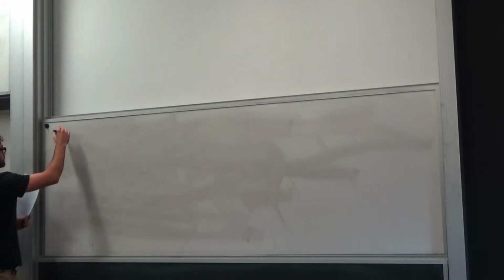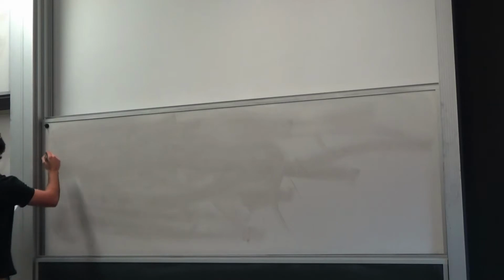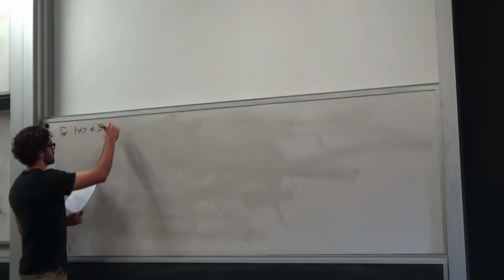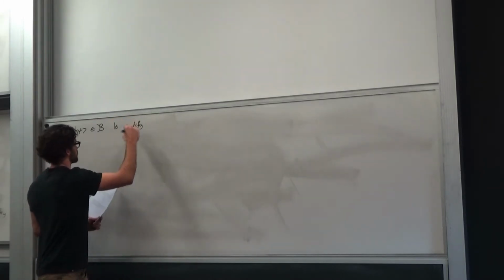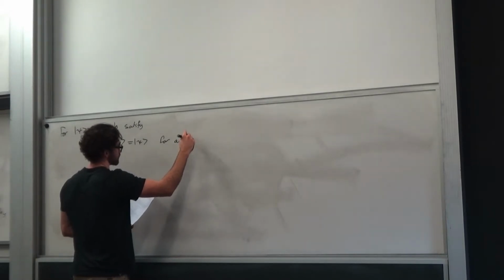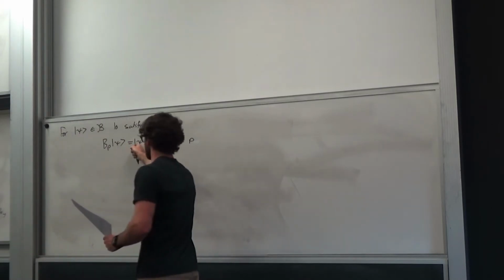All right, let's denote this basis by curly B. All the elements of the basis are elements of the vector space over the edges of the dual graph and the primal graph.